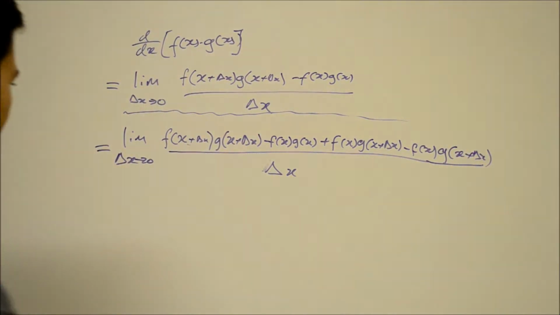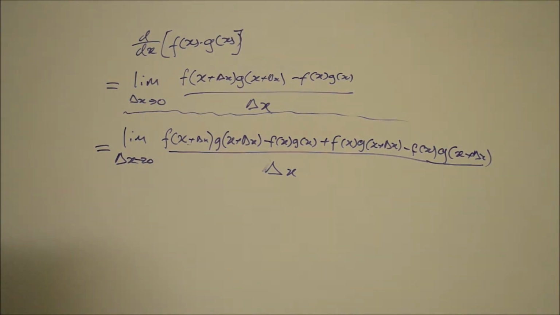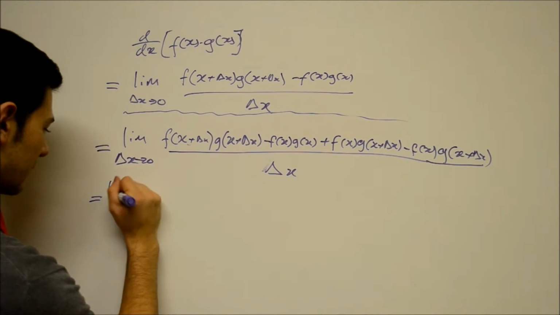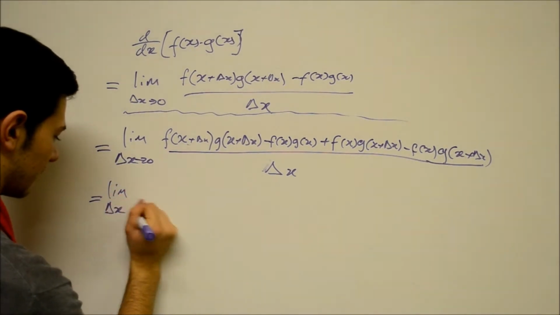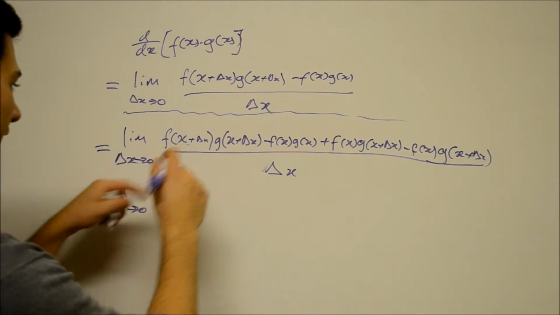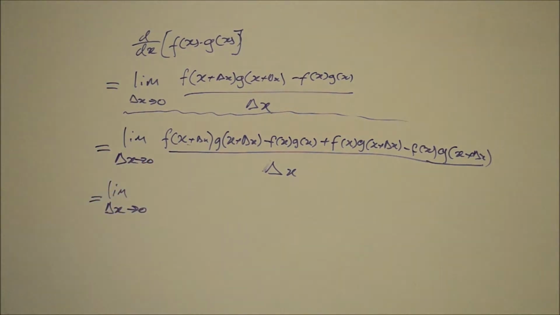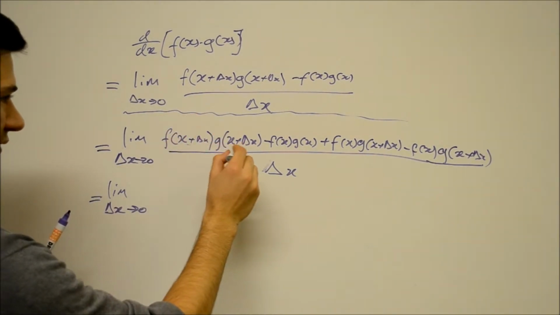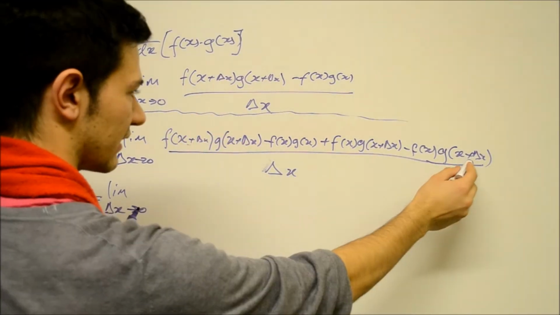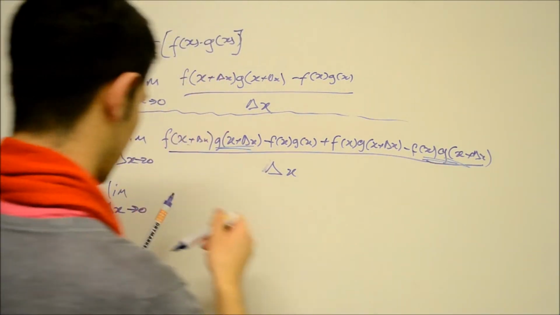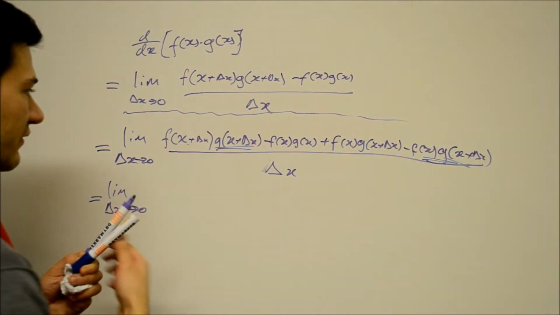That's a long numerator. But luckily we can do some factorizing, because this is the limit as delta x approaches 0 of, you've got an f of x plus delta x here, and a g of x plus delta x here, and we've got a g of x plus delta x here. So we're factoring out the g of x plus delta x.